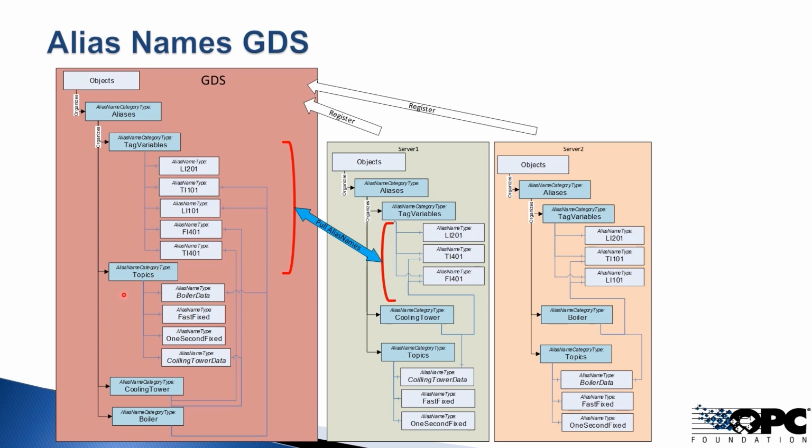So again, a similar feature where I may not know where I can get certain data, but I know what the data is called. And so if I know that I'm supposed to subscribe to boiler data, I can go look up the topic called boiler data, and now I get the information I need as to what I need to subscribe to receive that boiler data without knowing anything about the absolute locations, IP addresses, etc. of the publishers that might be sending out boiler data.